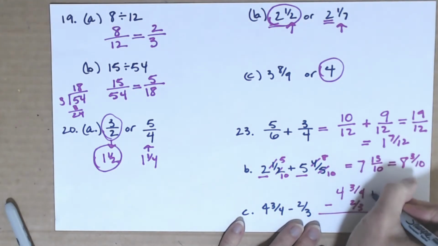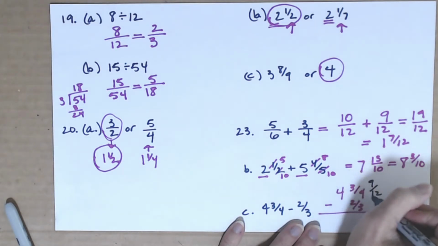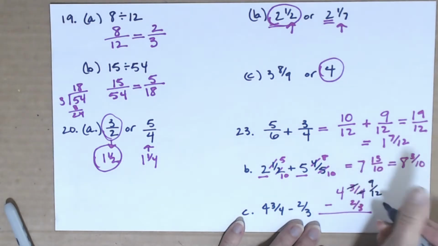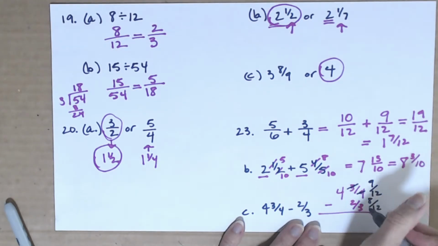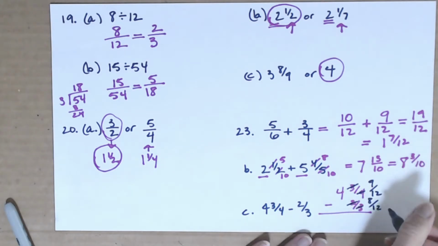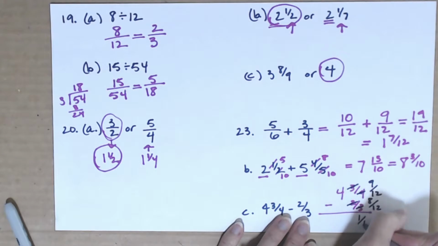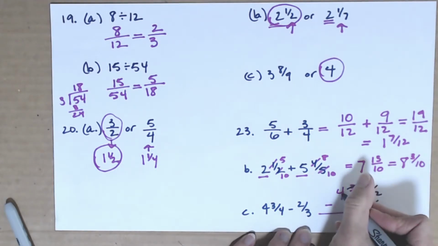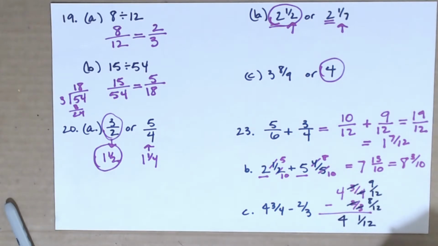So the 3/4 becomes 9/12 because I'm multiplying numerator and denominator by 3. And the 2/3 becomes 8/12. I'm multiplying numerator and denominator by 4. So now I can do the 9/12 minus the 8/12 is 1/12, and then I have 4, and I have no whole number here, so that stays 4. So 4 and 1/12 on that one.